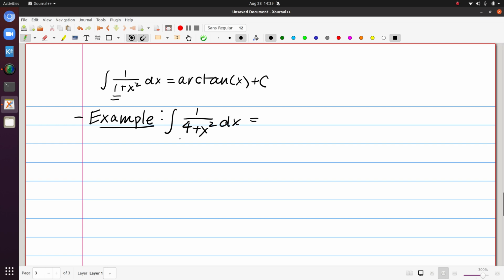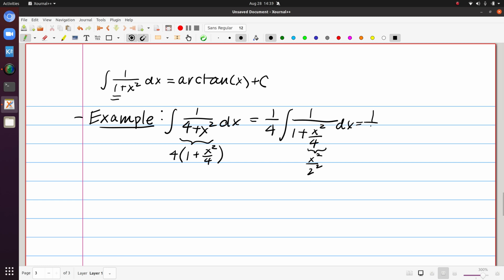So 4 plus x squared, I can write as 4 times the quantity 1 plus x squared over 4. So if I factor a 4 out of the denominator, I can write that with a 1/4 here. Now notice that 4 is 2 squared.